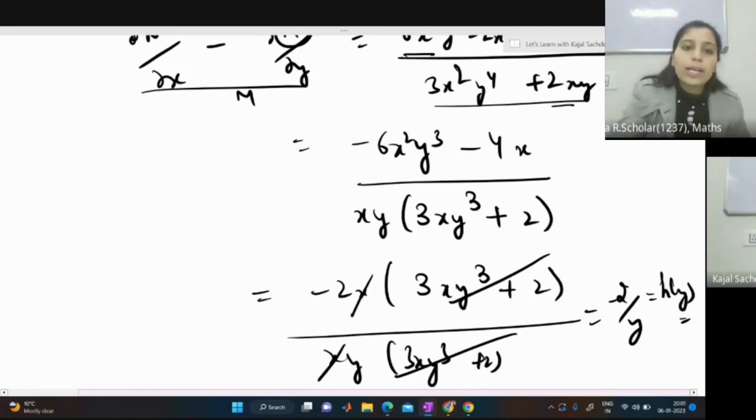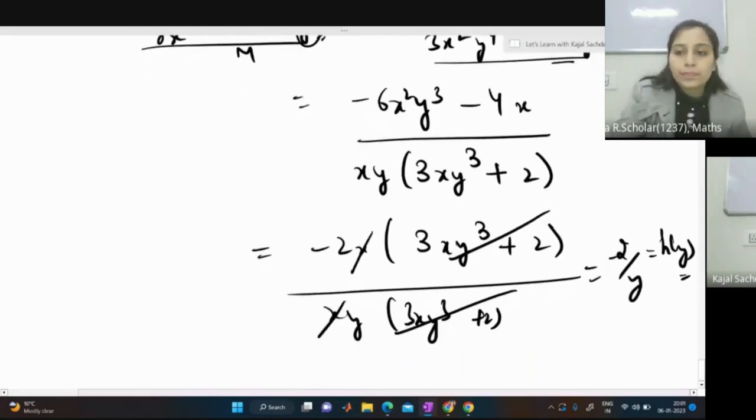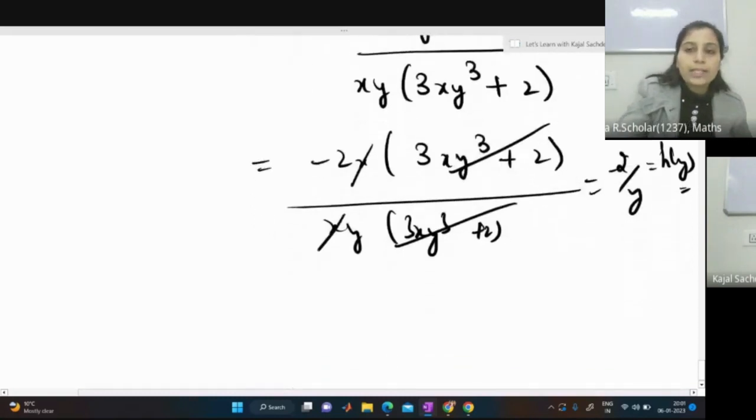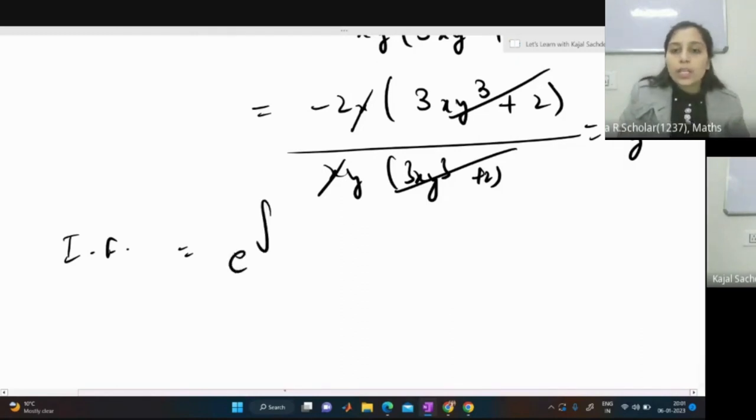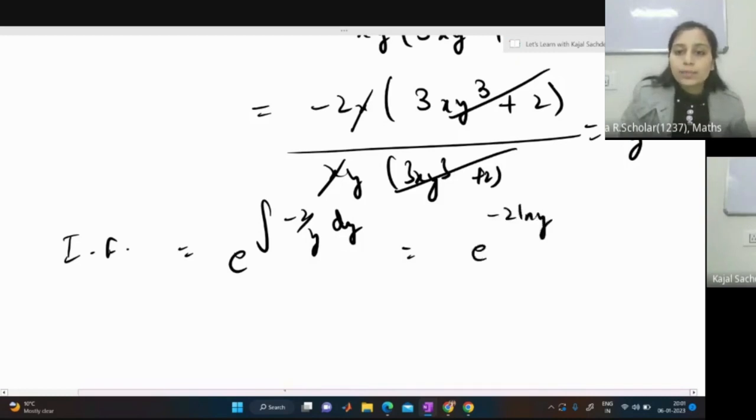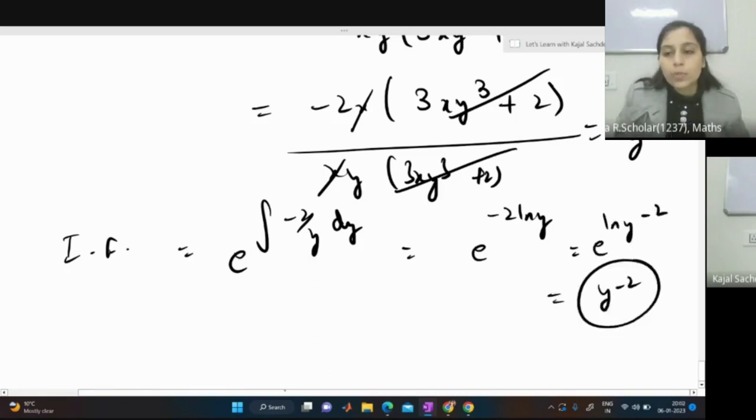So now we can find the integrating factor. We want a function of y, which we get. Now, to make this equation exact, the required integrating factor is e raised to the integral of −2 upon y dy. This is equal to −2 log y, which gives e raised to log y to the power −2, which is y raised to the power −2.